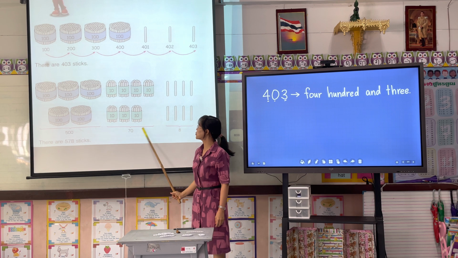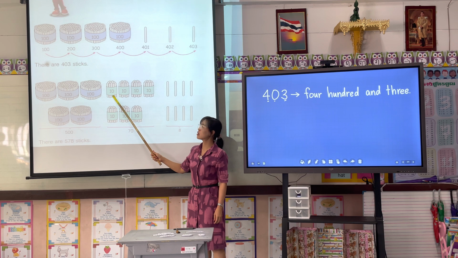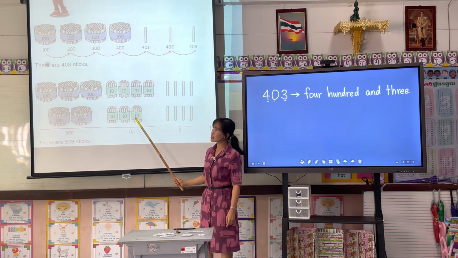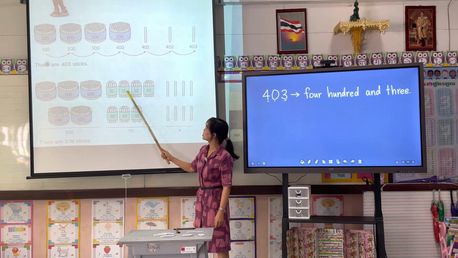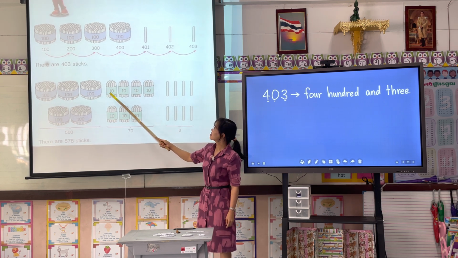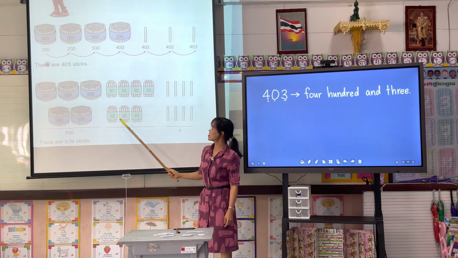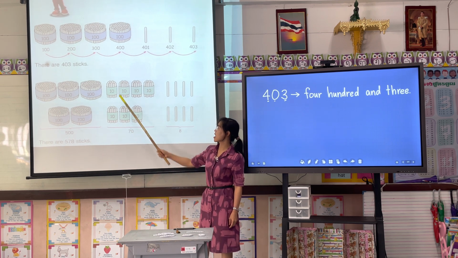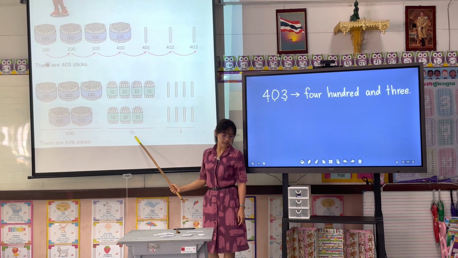Can we see groups of tens? Yes, we can see. How many groups of tens? 1, 2, 3, 4, 5, 6, 7. It's easier to count here because they are already grouped. So we count by 10. 10, 20, 30, 40, 50, 60, and 70. So 7 groups of tens is equal to 70.